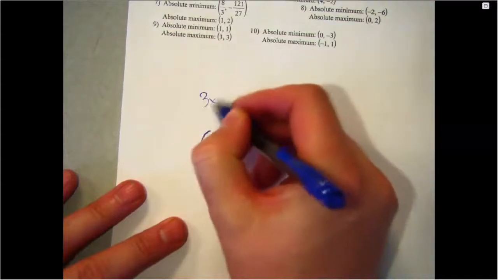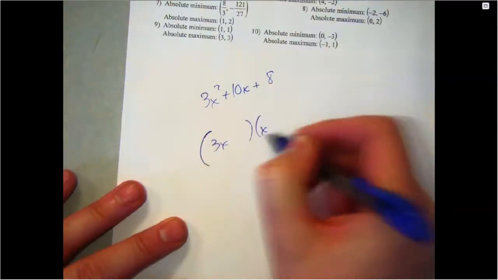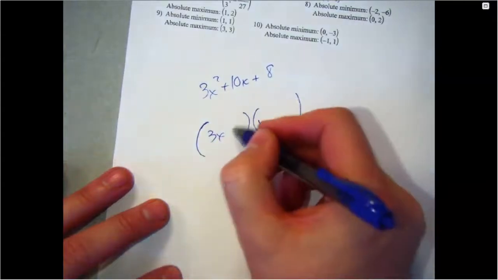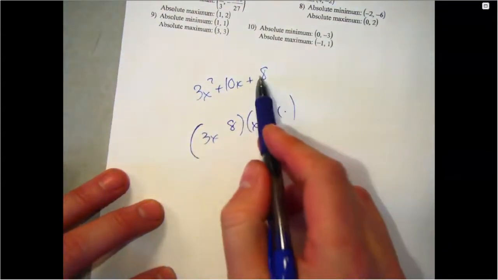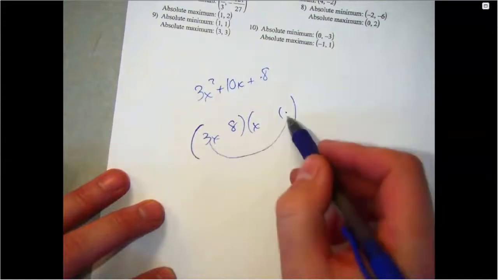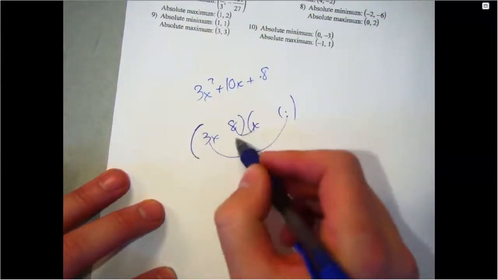So if I did it wrong, so what was it, 3x squared plus 10x? Let's see, this is probably worth going through a little bit. Let's say I tried 8 and 1. Because what does 8 times 1 give me? It gives me 8. Well, what's 3x times 1 then? When I go to FOIL, that's 3x. And 8 times x is 8x.